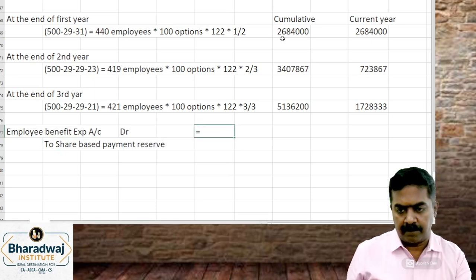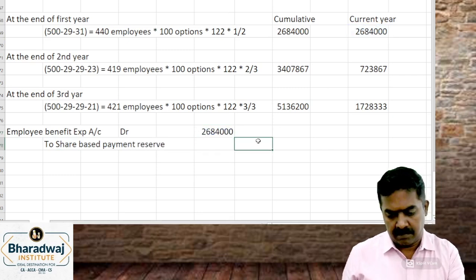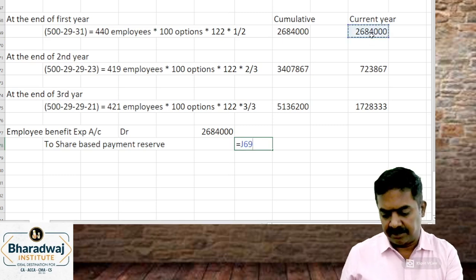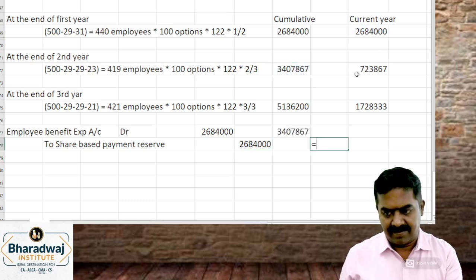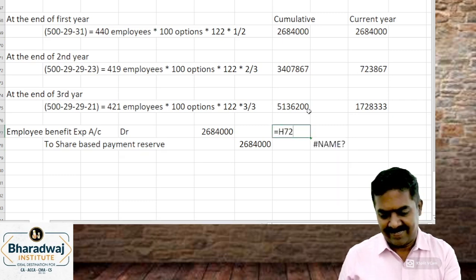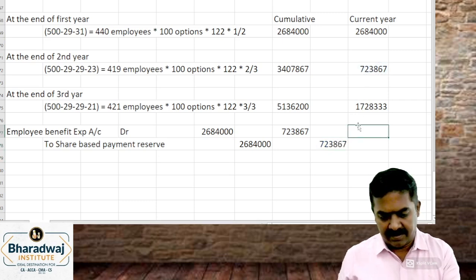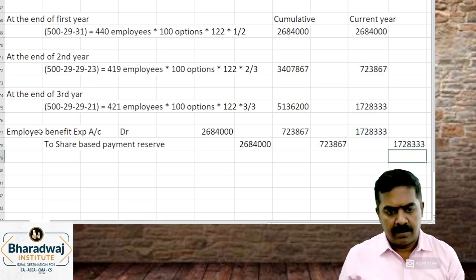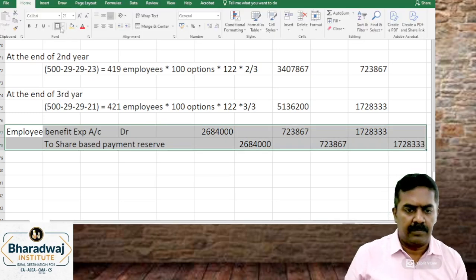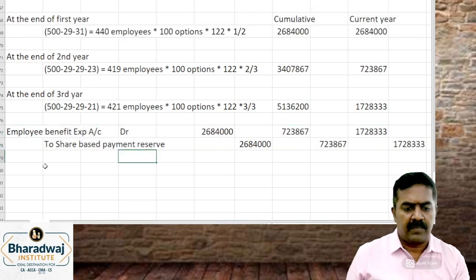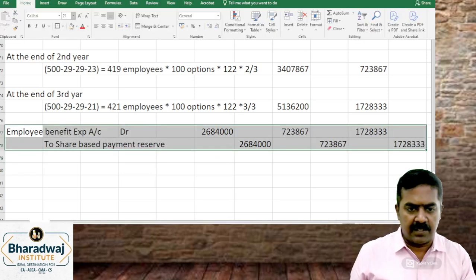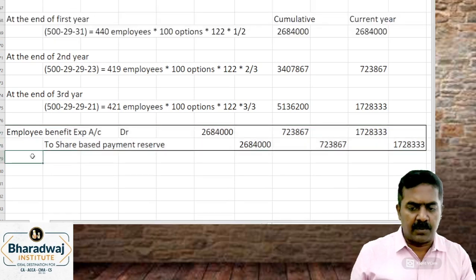First year, second year, third year, this expense. Then, when the options are exercised, what is the entry you will pass?